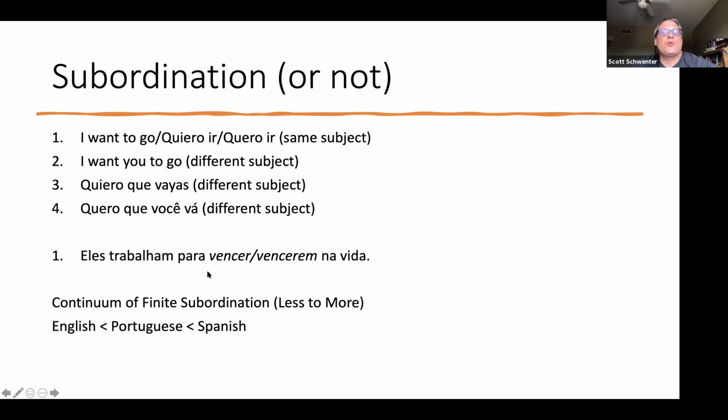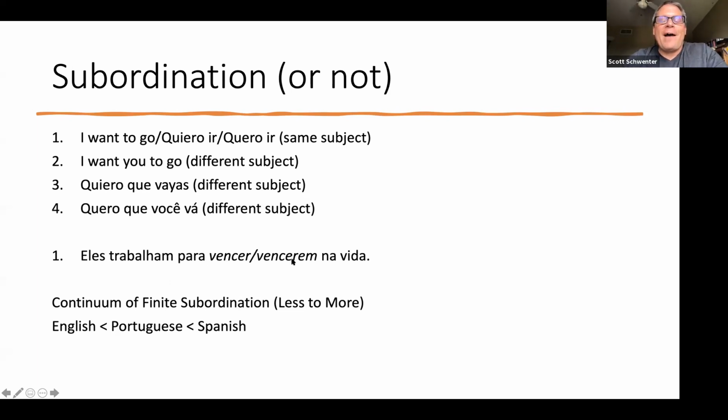So you have these two choices. And this one is just a regular old infinitive. It looks just like the same verb in Spanish. But then you have this form, vencerem, where this em actually is an agreement marker with eles, with third person plural, right? So this is ellos trabajan, okay? So Portuguese loves infinitives so much, they created conjugations for them, right?